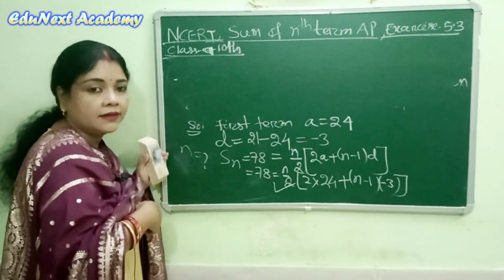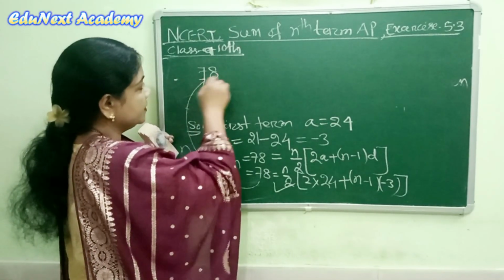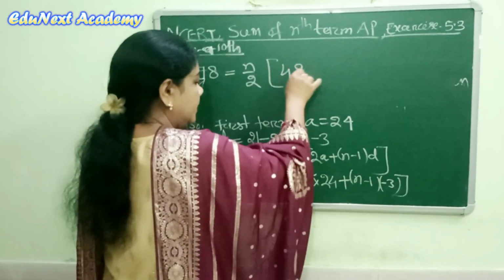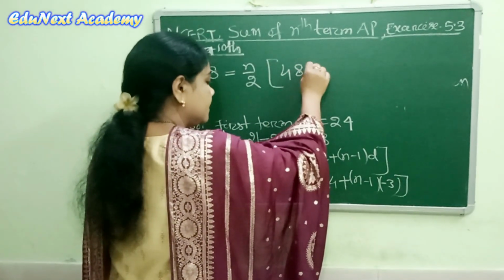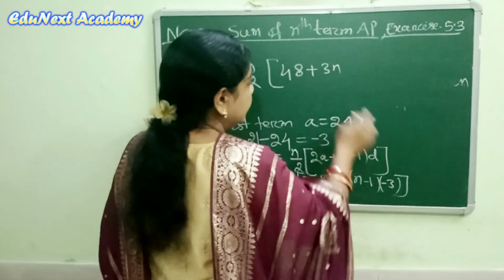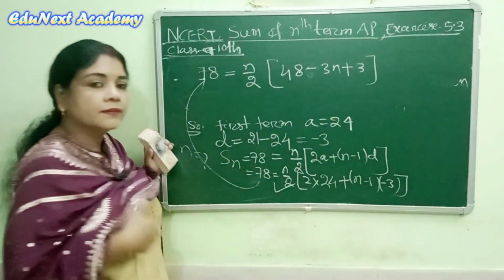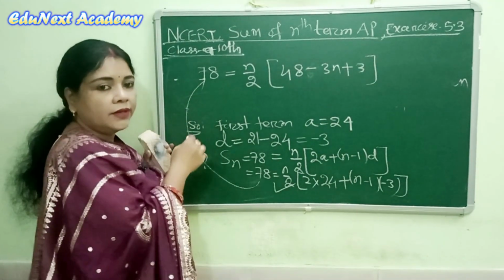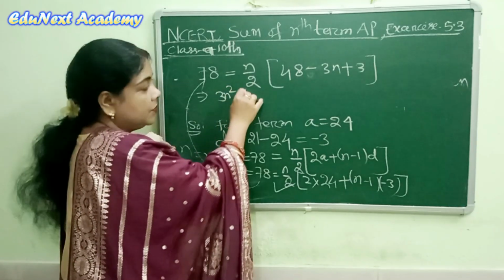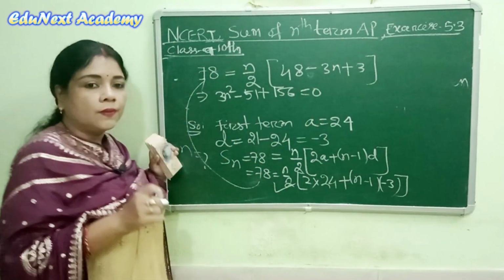After this, what are you getting? 78 equals n by 2 into 48 plus, minus 3n plus 3. After solving we got 3n square minus 51n plus 156 is equal to 0.